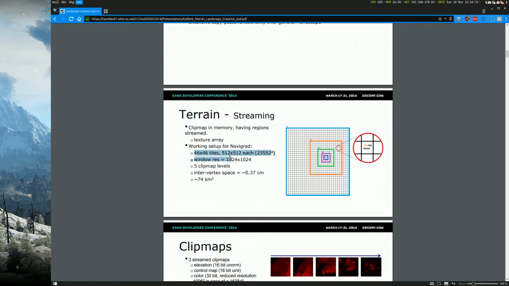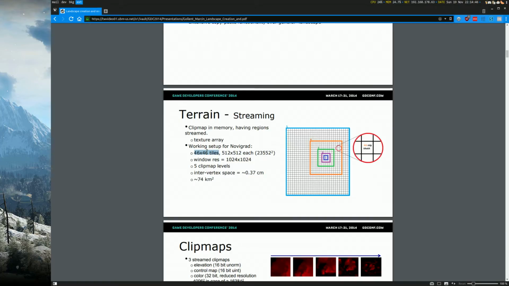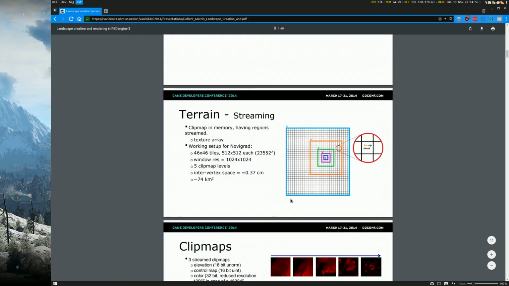What does this mean? 46 by 46, and why is it 64 by 64 here? What's 512? Is that the pixel resolution and this is like the vertex resolution or something? But if you have a lot of different textures, you also need to bind a lot of textures to draw them in when you update.